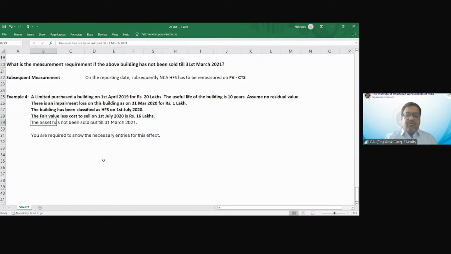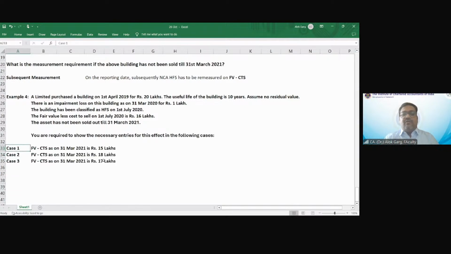The asset has not been sold out till 31st March 2021. You are required to show the necessary entries in the following cases. Case 1: fair value less cost to sell on 31st March 21 is 15 lakh. Case 2: fair value less cost to sell on 31st March 21 is 18 lakhs. Case 3: fair value less cost to sell on 31st March 21 is 17 lakhs.